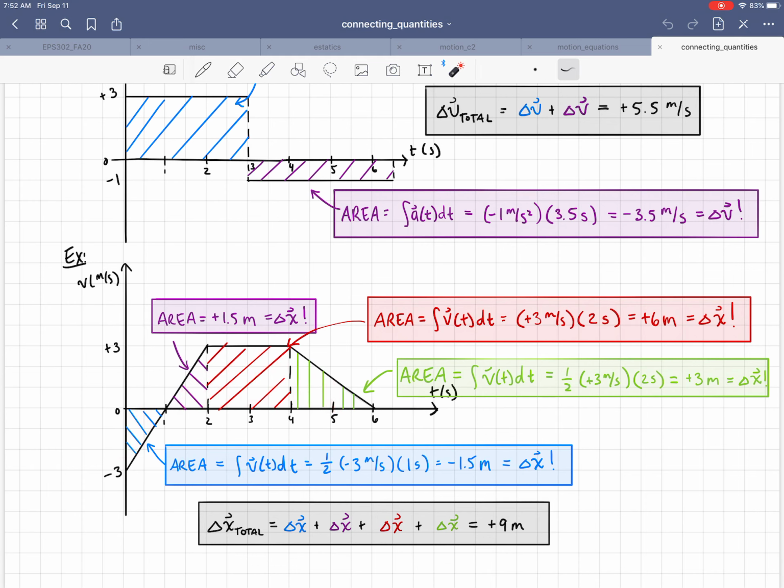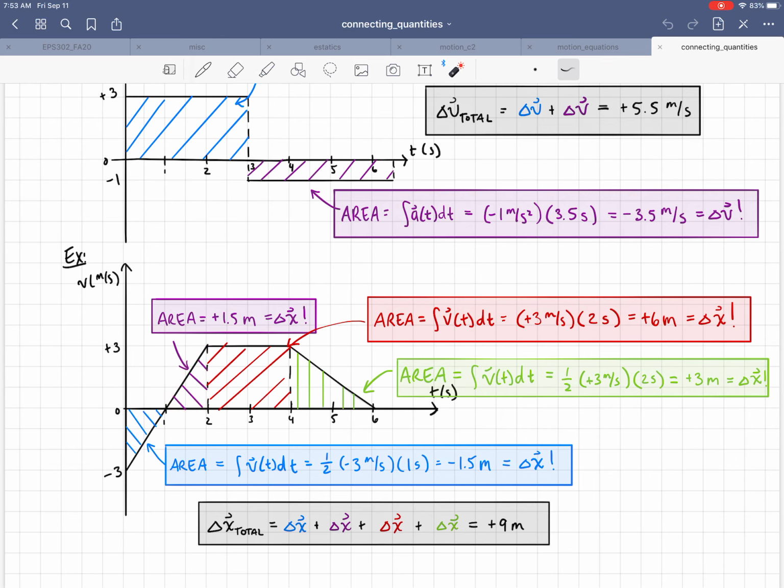So first off, in the first second, what's the area of this region? That's just the area of the triangle, height minus 3 meters per second, width 1 second, and so delta x here is minus 1.5 meters for this first second. What about the next second?